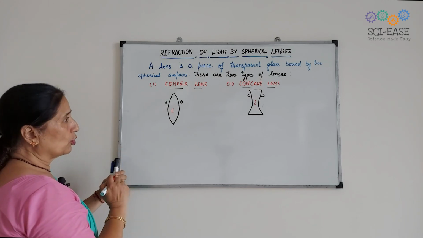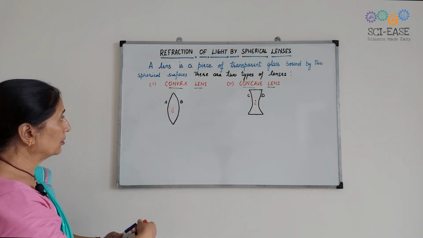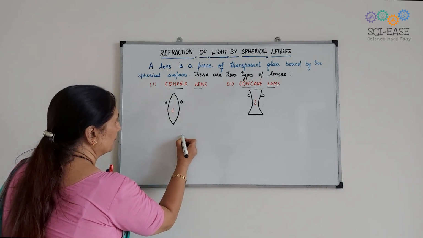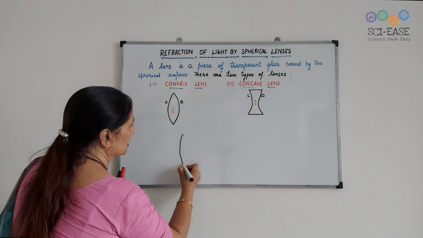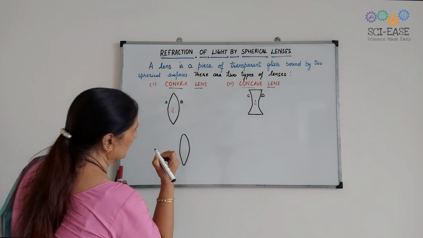Suppose I will draw another diagram to show you the various terms. This is the convex lens.